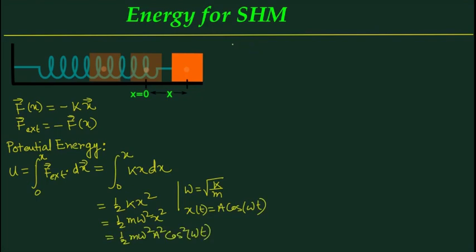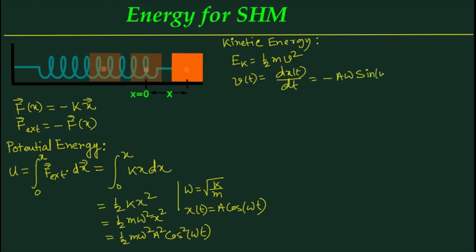Now let's discuss kinetic energy. As you know, the kinetic energy Ek equal to half mass times velocity square. If x of t equal to a cosine of omega t, then v will be dx by dt, which is equal to minus a omega sine of omega t.